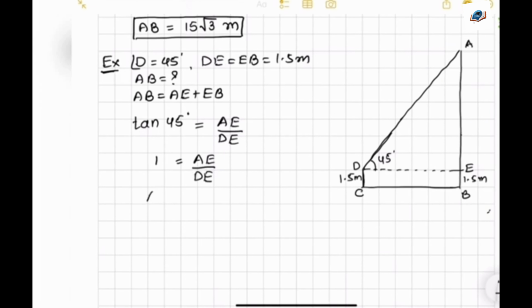Let us say this distance is 28.5 meter. The other distance will also be the same, so both distances are equal to 28.5 meter. Therefore, AB is AE plus EB, that is 28.5 plus 1.5, the height of the person. So this will be 30 meter.